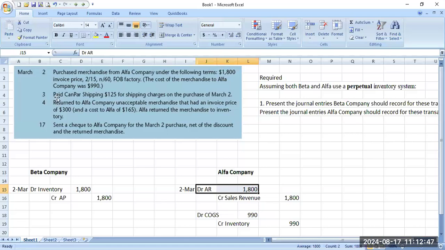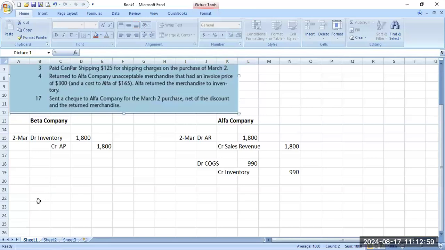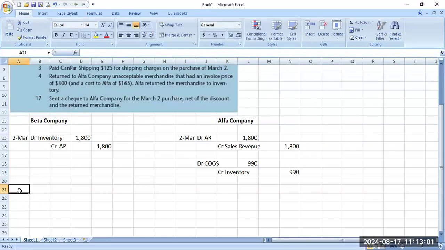This company paid the shipping charges for the purchase on March 2nd. I'm going to drop this one a little bit so we can have it. That happened on March 3rd.